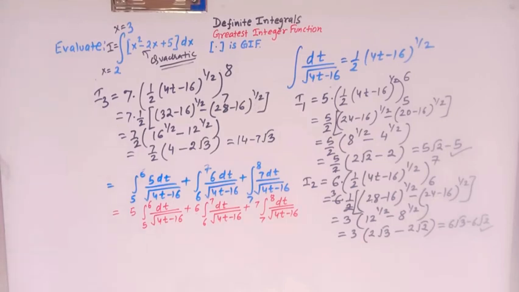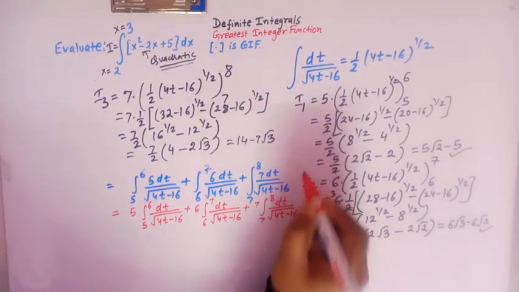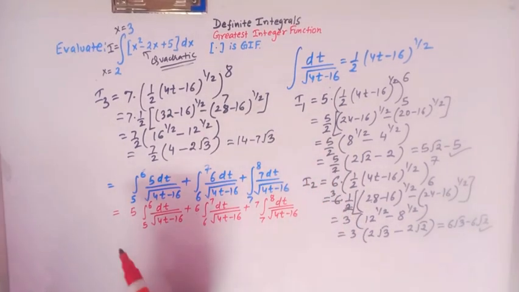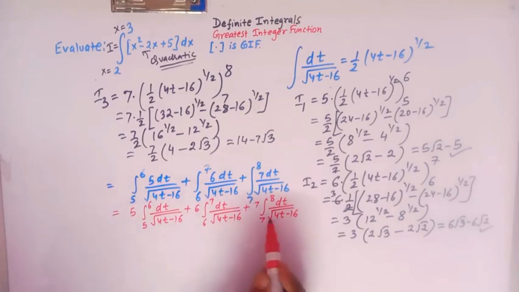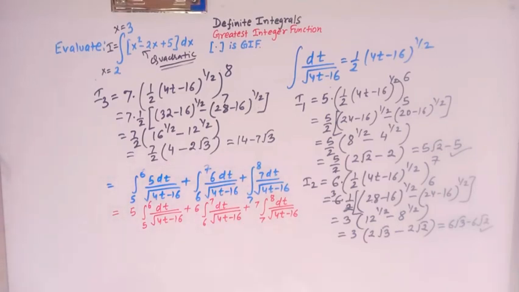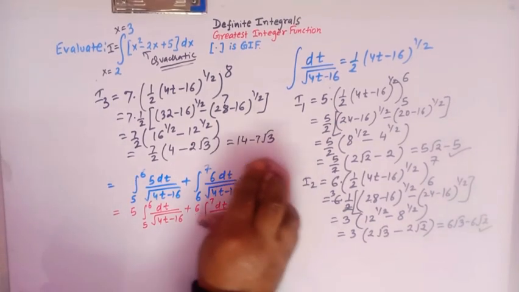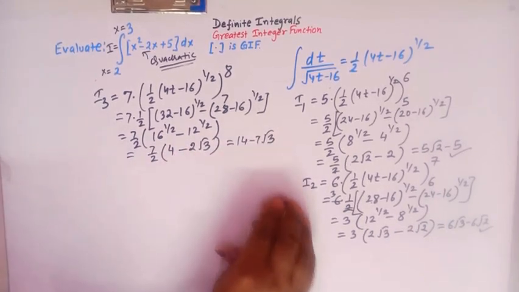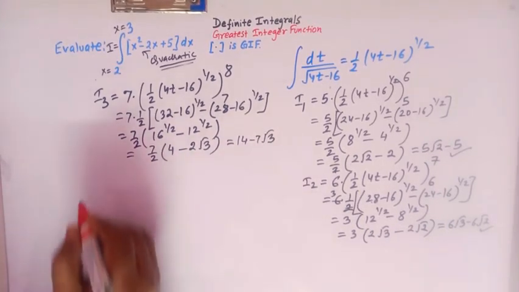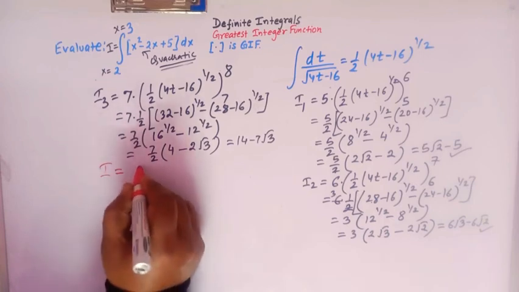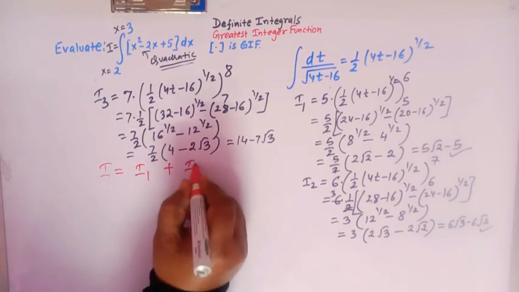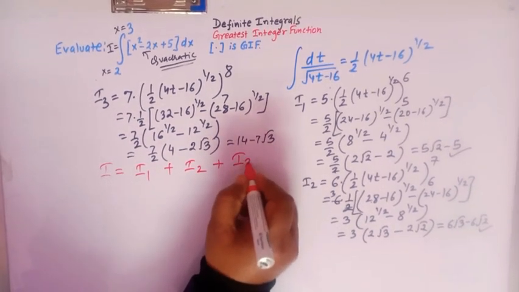Okay, so now once we have done all these calculations, let us substitute the values of I1, I2 and I3. So now we can write our original integral I as I1 plus I2 plus I3, right?